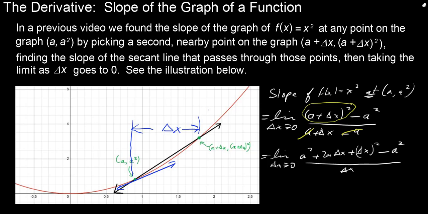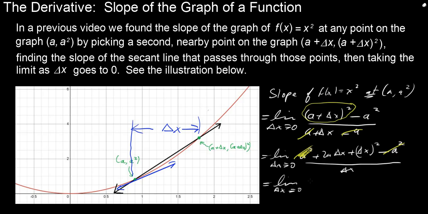And in the numerator, we see that we have a squared minus a squared, so those cancel out. And then what we have remaining in that numerator has a common factor, delta x, so we could pull that factor out. So I will rewrite the fraction.